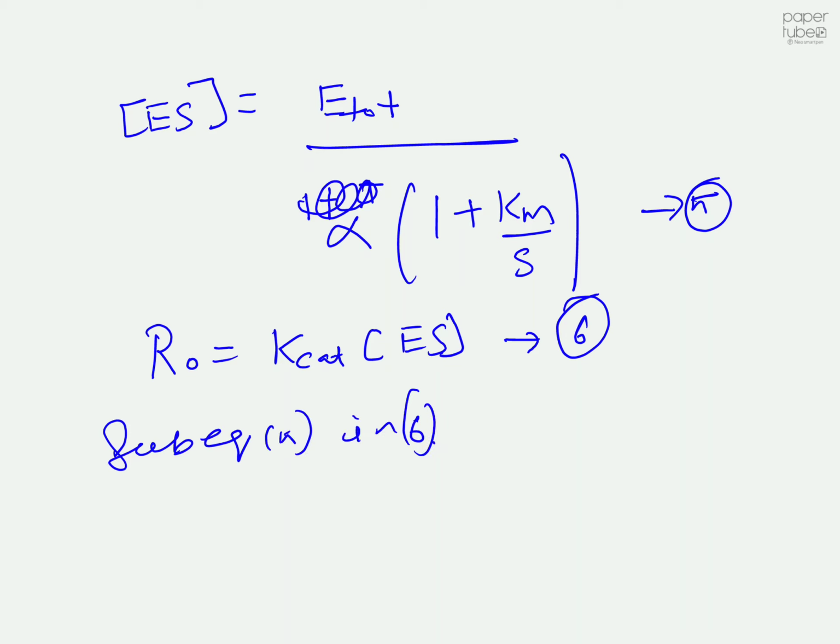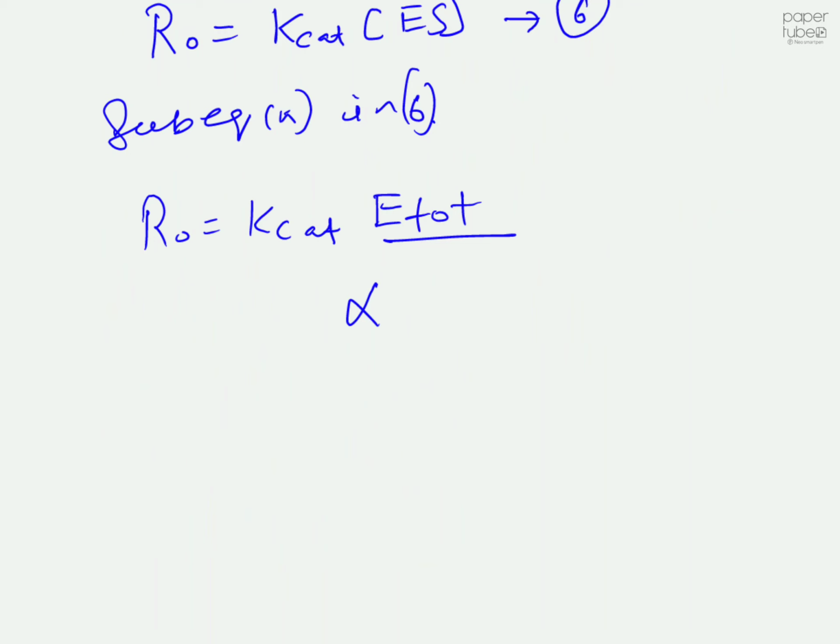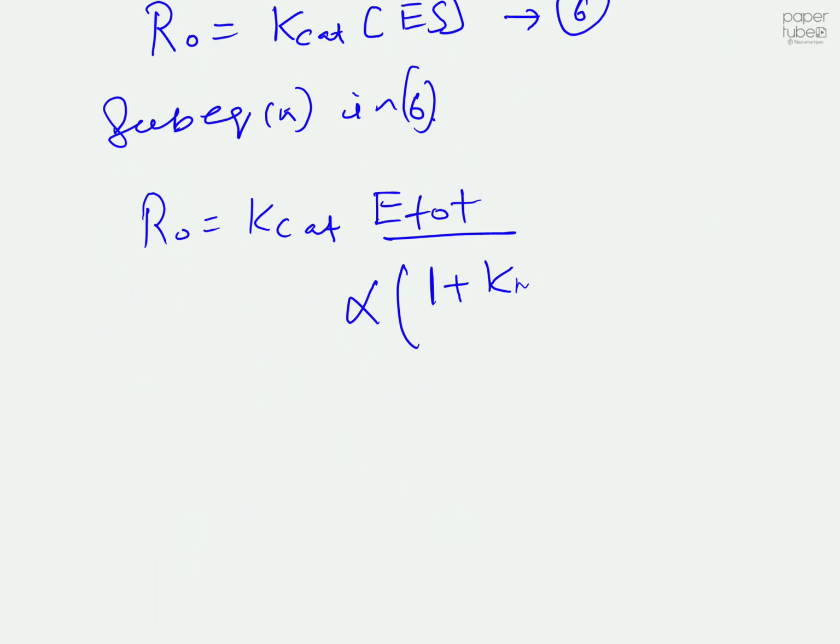At the end of the day we are calculating the enzyme substrate complex, and we don't want to see parameters like enzyme inhibitor concentration or enzyme substrate inhibitor complex concentration. This is something we cannot measure, so we have to eliminate these parameters appearing in the final expression. So R0 is equal to k catalytic multiplied by E total divided by alpha times 1 plus Km divided by S.